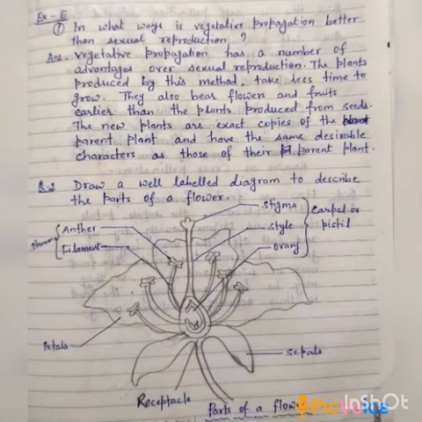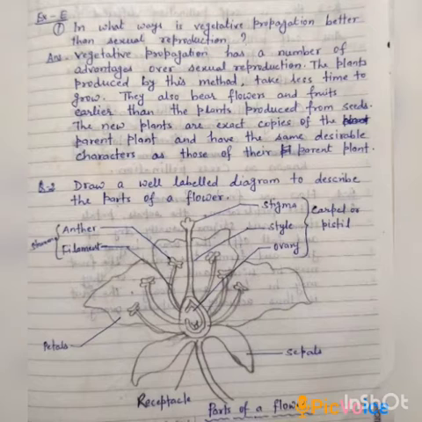The plants produced by this method take less time to grow. They also bear flowers and fruits earlier than the plants produced from seeds. The new plants are exact copies of the parent plant and have the same desirable characters as those of their parent plant.